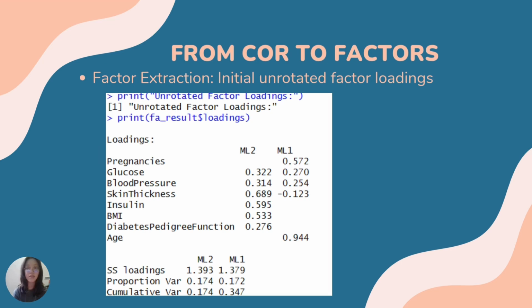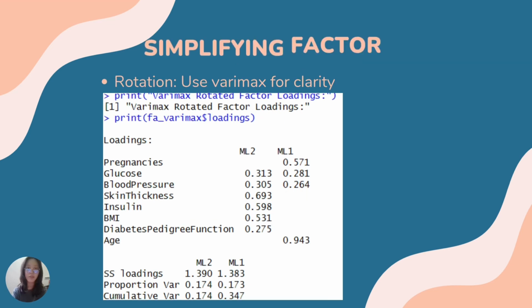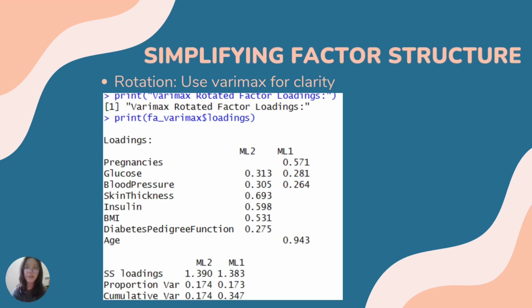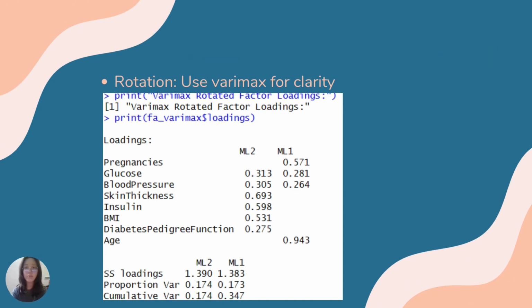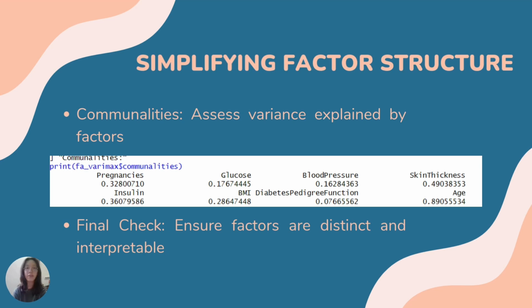Besides, initial factor extraction gives us unrotated loadings showing the relationship between variables and factors. To simplify and clarify the structure, we apply varimax rotation, which makes the factor loadings more distinct. Then we evaluate communalities that tell us how much variance in each variable is explained by the factors. With these steps, factor analysis becomes a powerful tool for uncovering hidden patterns and relationships in data.